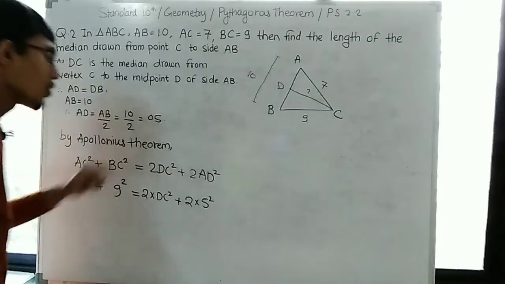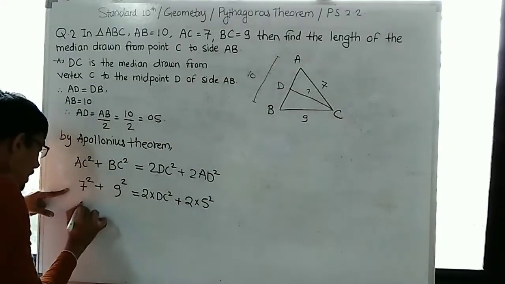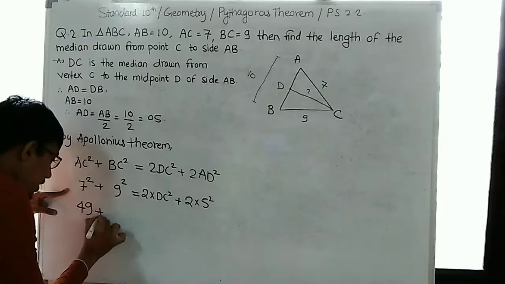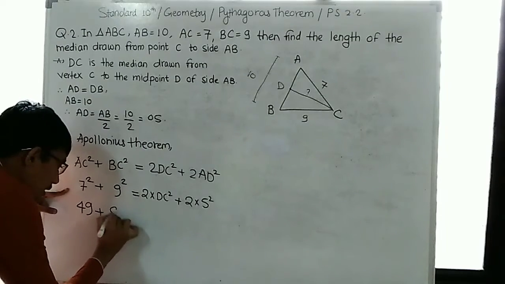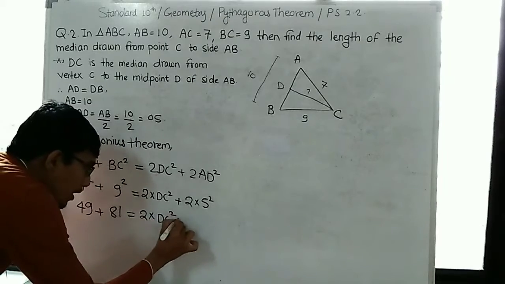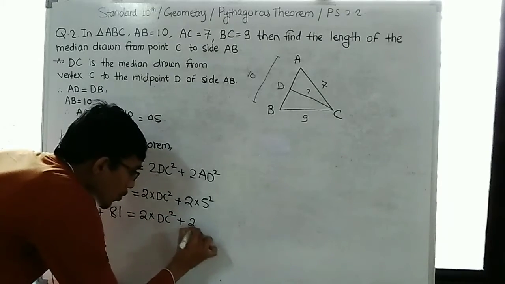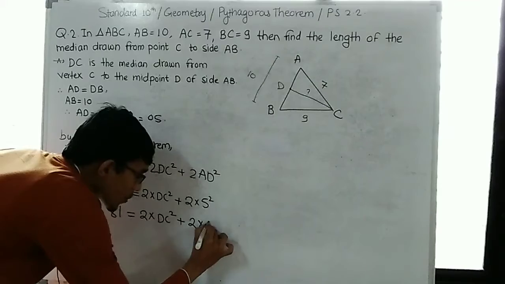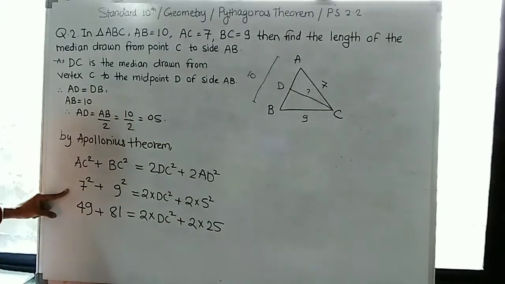square. Now 7 square is 49 plus 9 square is 81 is equal to 2 into DC square plus 2 into, what is 5 square? 5 square is 25.